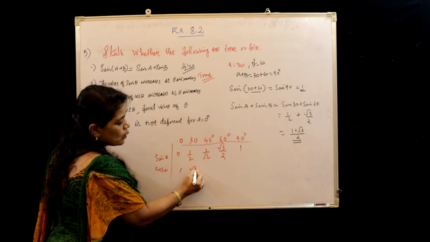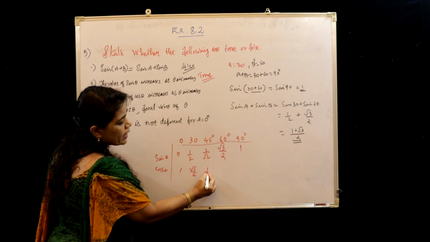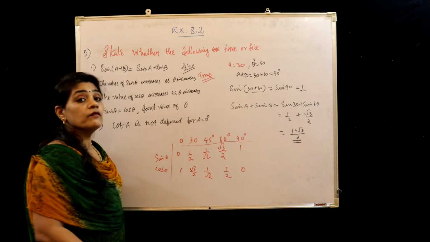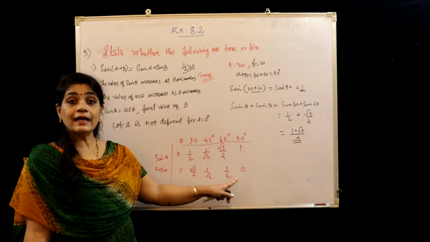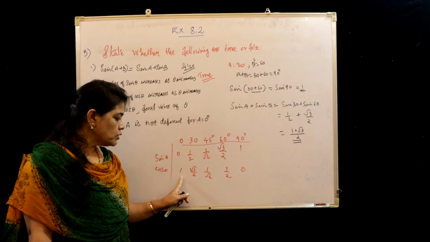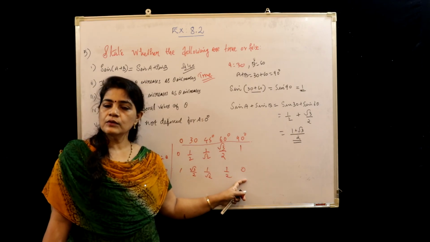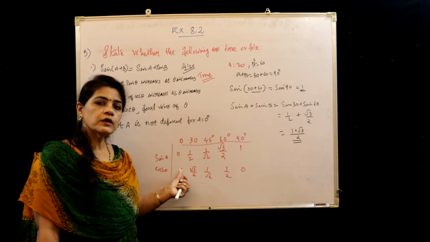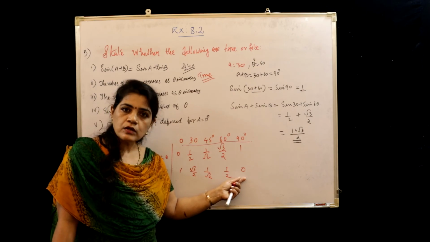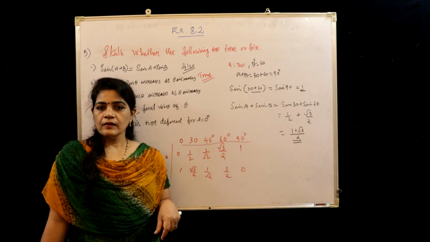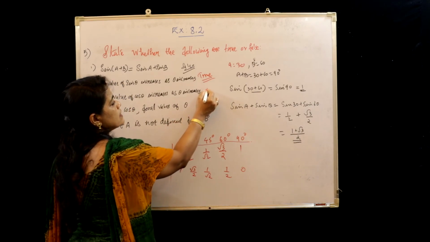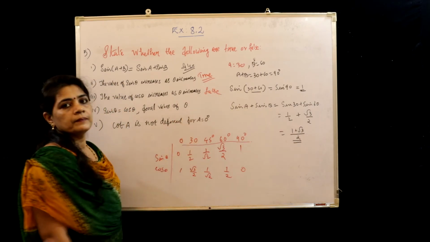So, 1, root 3 by 2, 1 by root 2, 1 by 2 and 0. How can we say that it increases? See, it starts with 1 and ends with 0. So, it is decreasing order. Here cos 0 is 1, here cos 90 is 0, and 0 is less than 1. So, this is a false statement, false.